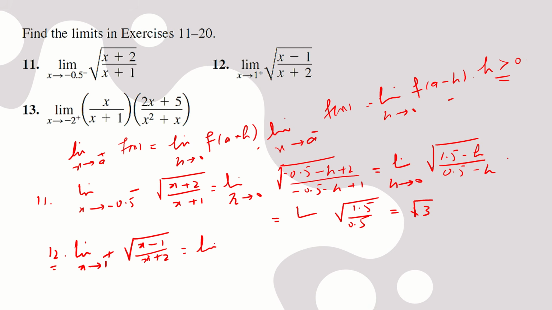So by using the same concept, limit h goes to 0 under root 1 plus h minus 1 divided by 1 plus h plus 2, which will give you limit h goes to 0, 1 and 1 will cancel each other, so we get under root h divided by 3 plus h, and then putting h equal to 0, we get limit 0.